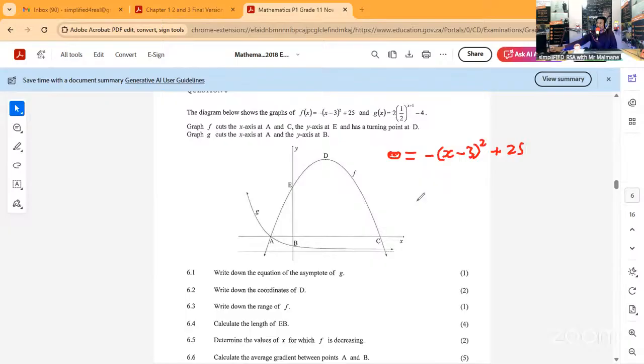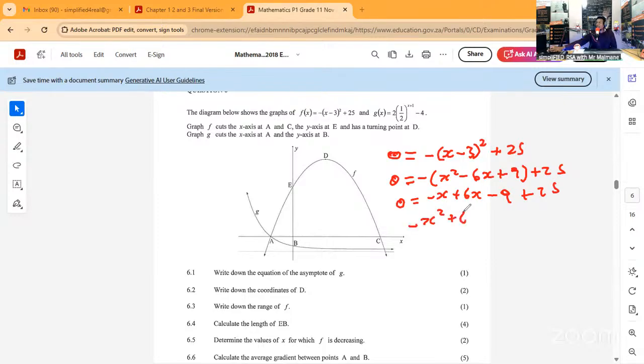Therefore, this would be equal to 0 is minus x squared plus 6x minus 9 plus 25, so minus x squared plus 6x plus 16 is equal to 0.